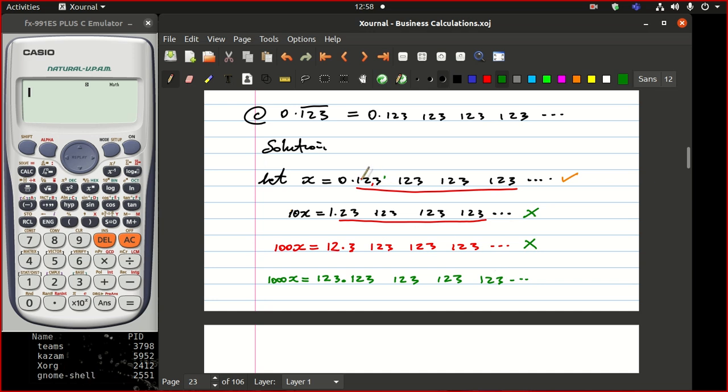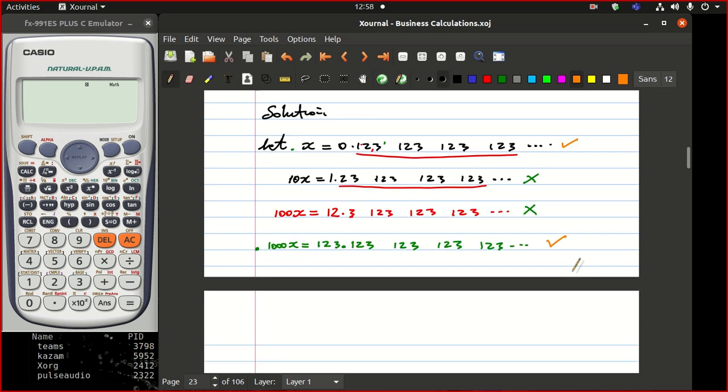Is it the same as that number? You can see we have 123 123 123 throughout, and also here you have 123 123 123. So this one here is the same as that, so we are going to use this one and that one. Guess what is going to happen? By realizing that this is what we are going to use, you have another mark there.